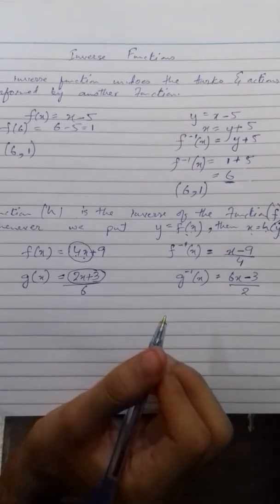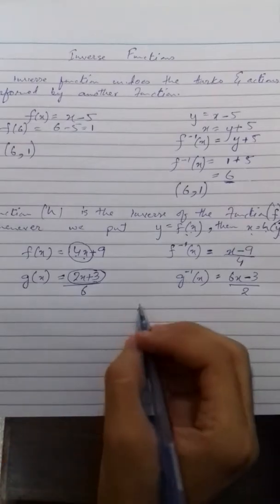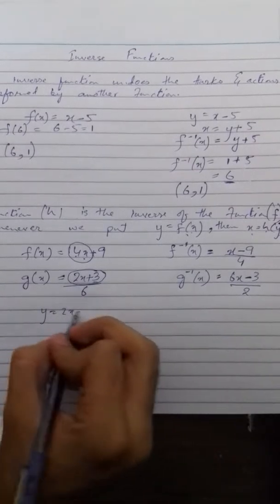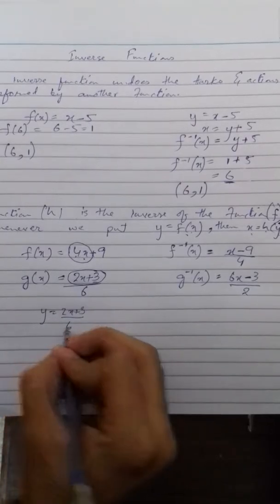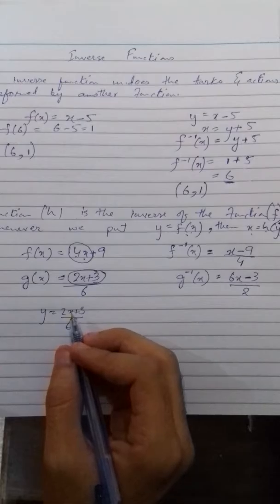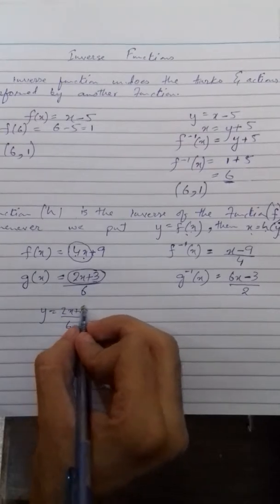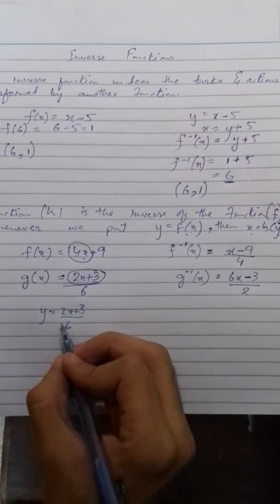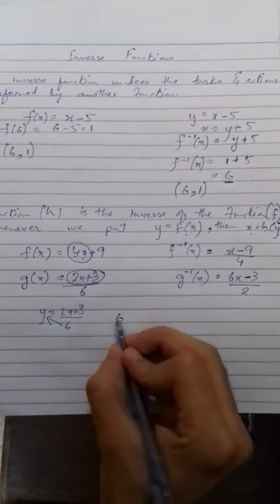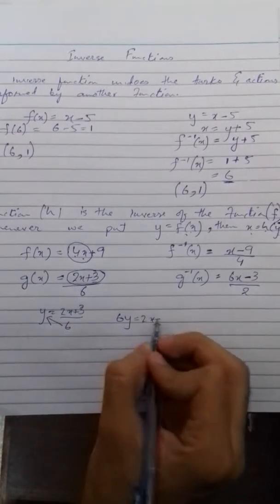We can also check this through another method. This can be written as y = (2x + 3)/6. We just need to make x the subject to get to the inverse of this function g. So this 6 goes over there, it cross multiplies. This is 6y = 2x + 3.